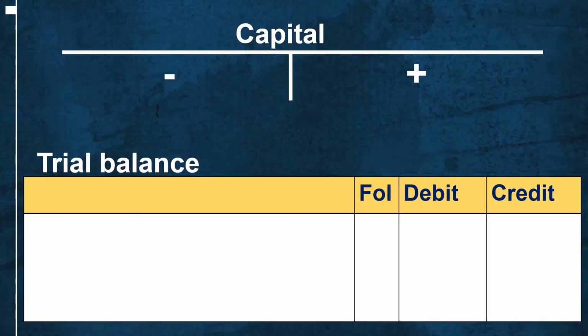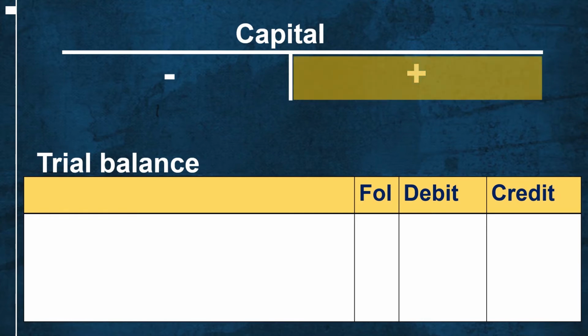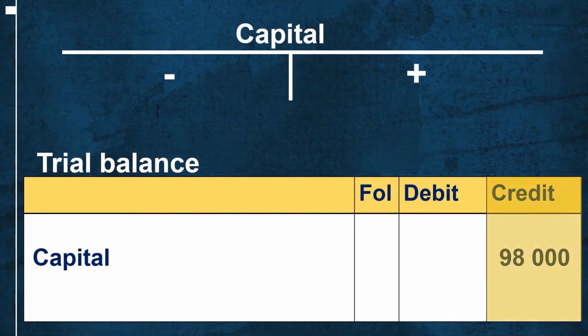When recording accounts in the trial balance, you always record the account on the side where the account increases. For example, capital increases on the credit side. Therefore, capital amount will be recorded in the credit column of the trial balance.